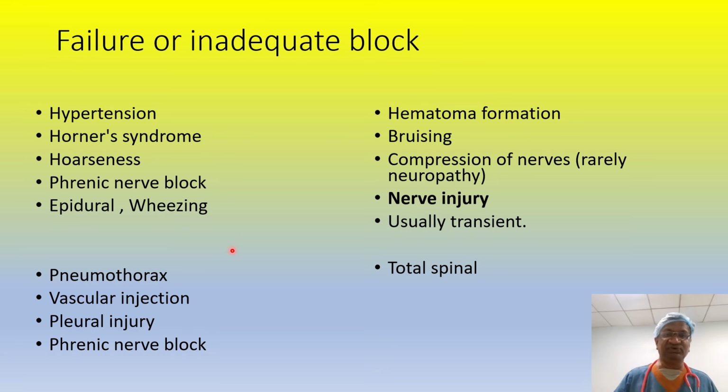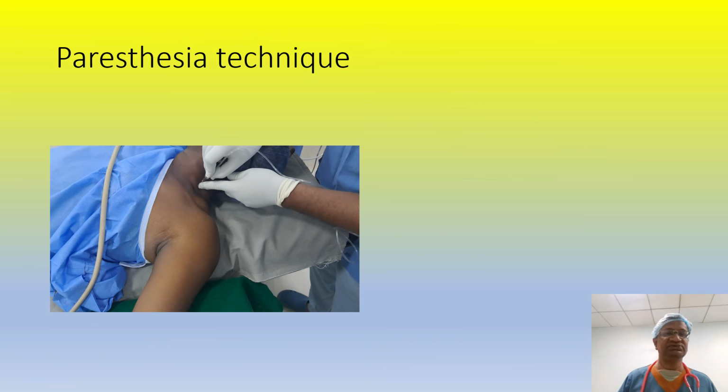We can reach the epidural, we can even reach the spinal. Horner syndrome and hoarseness occur because the sympathetic is blocked. The phrenic nerve is very close, lying on the anterior scalene. I will describe the phrenic nerve when I describe the interscalene block separately. Pleural injury is the common side effect of subclavian.